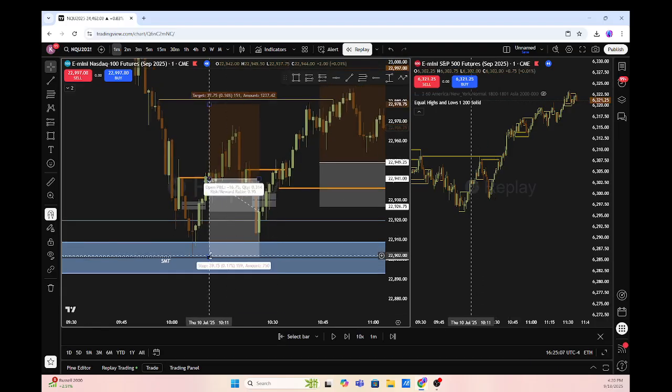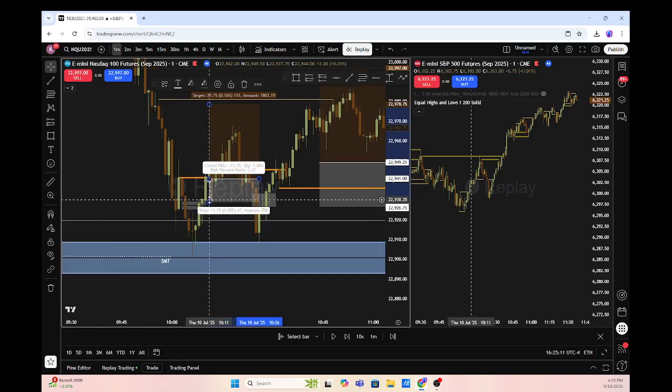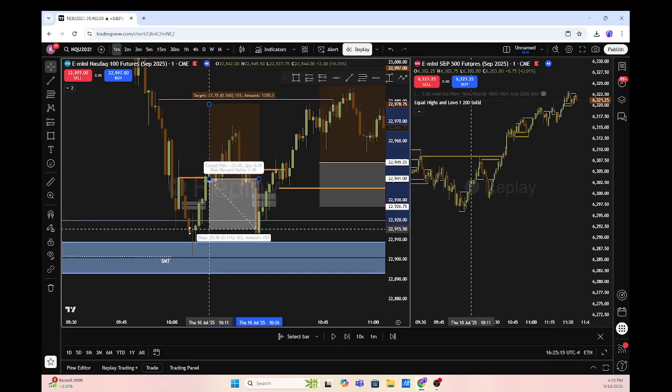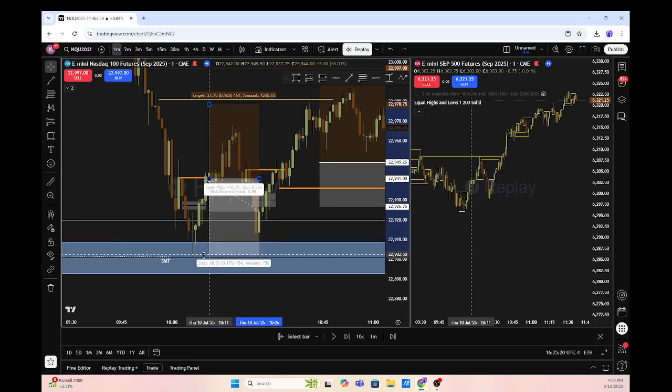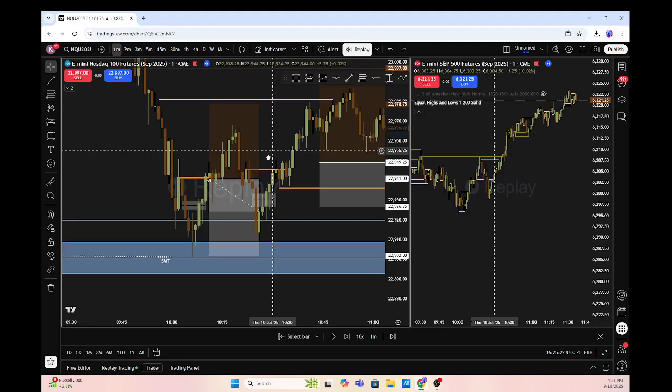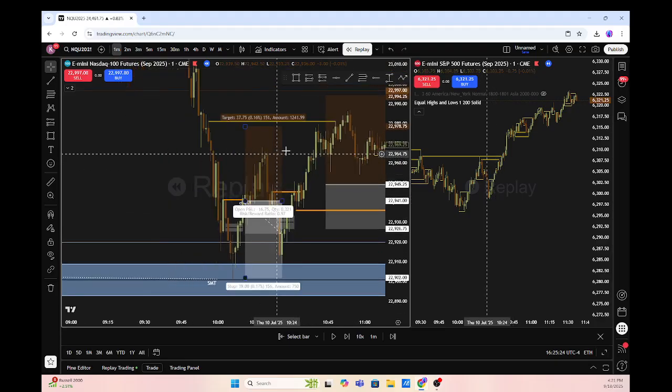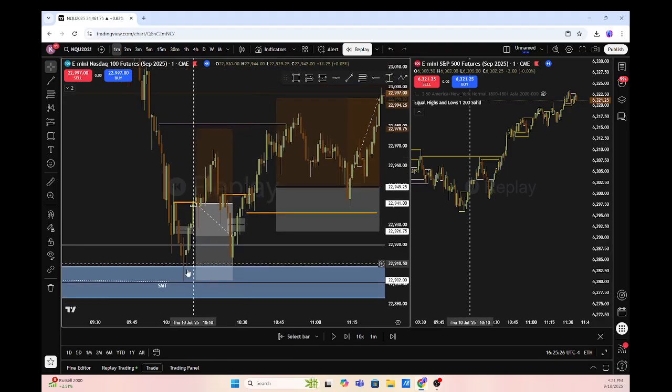But for me, I just have a tight risk. I have a 30-point risk, right? So obviously 30 points wasn't good enough for my trade. I needed more space, and I didn't give myself more space, and that's why I got stopped out. But this is still the exact same idea, the same exact trade. I just didn't move my stop, so I got stopped out here.